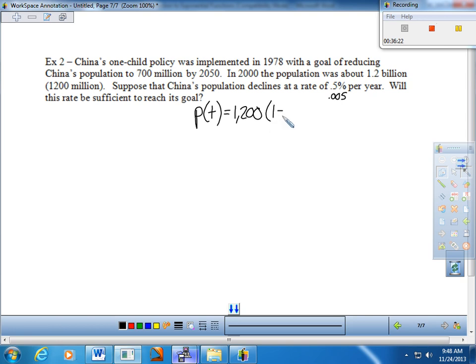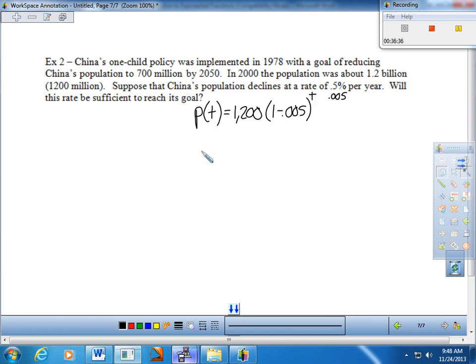And I'm going to do this a couple different ways for you, just so you see. But remember, exponential decay is 1 minus the percent decrease. So if that's what it's going down by, 1 minus 0.005. And of course, because it is a constant percent decrease, it is an exponential function, and we get that right there.